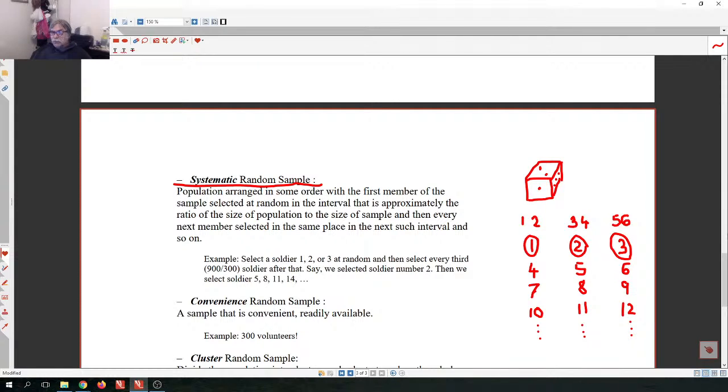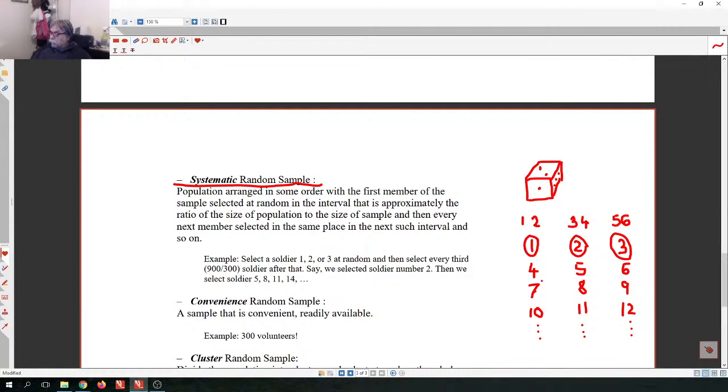They all have the same chance to happen to be in your sample as any other soldier. However, 1, 2, and 3 could not all be in your sample, yet 1, 4, and 7 could be in your sample. So when you look at those 3, 1, 2, and 3, one of them will be in your selection, but not all of them.